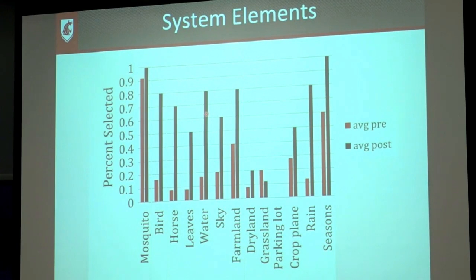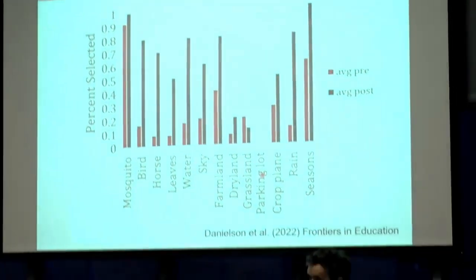And just as controls, notice that things that aren't important to mosquitoes, like dry land, grassland, or parking lots, are infrequently selected in both cases. So this suggests that by doing these art activities, the students have actually picked up a greater understanding of how many variables are at play for this disease system.